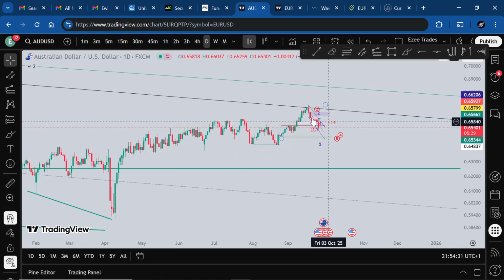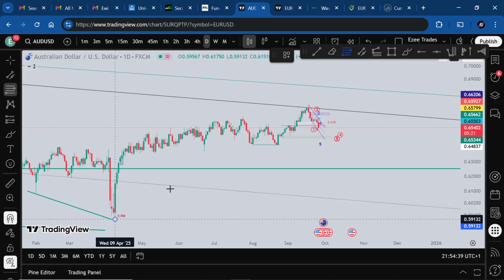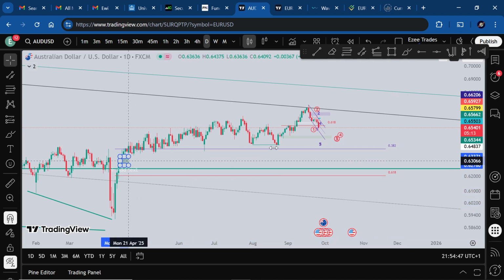Either way, this impulsive move is being retraced. Now, that makes the 0.382 very interesting. We got the 0.618 over here. There is some demand in here.